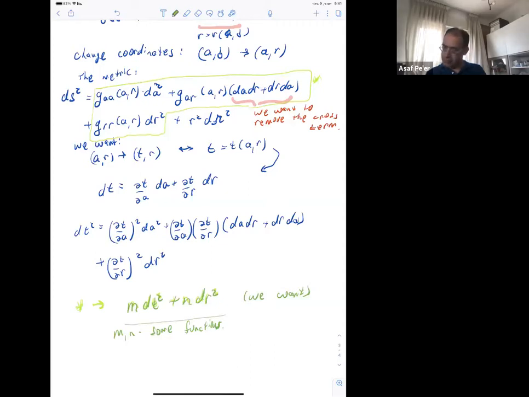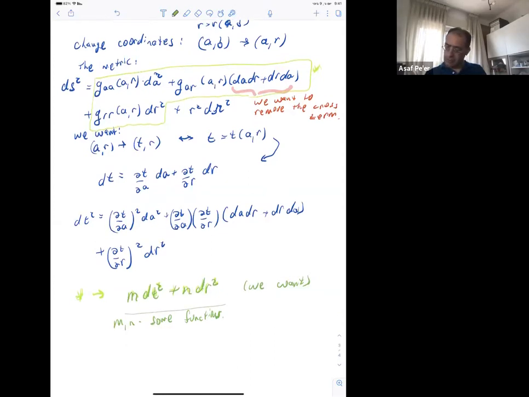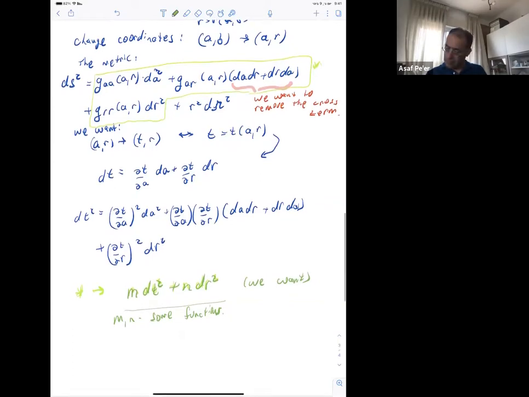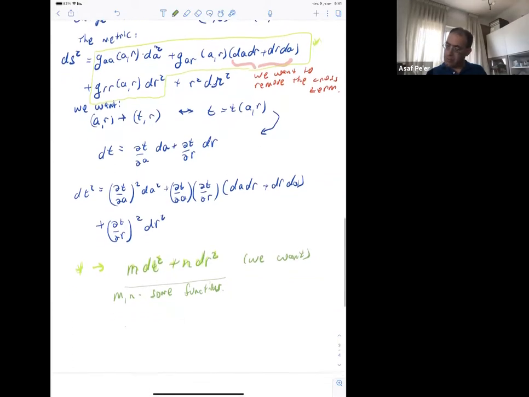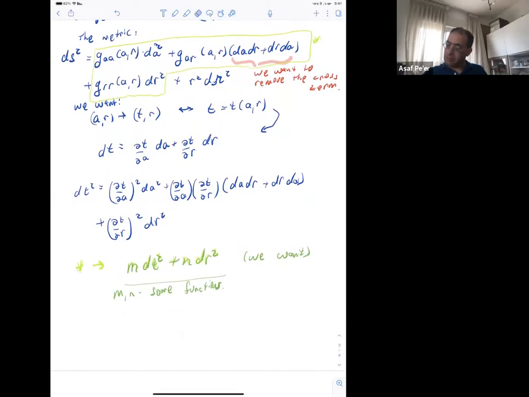We have here m (dt/dA) squared, and we do that by identifying m (dt/dA) squared, the partial derivative, as just G_AA.